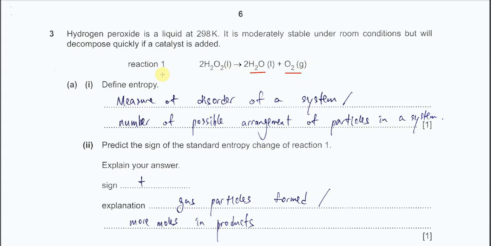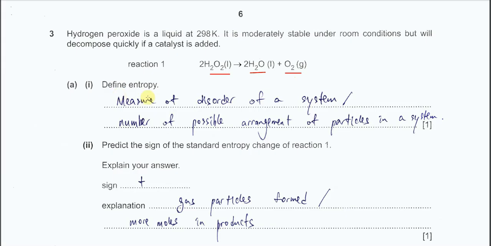For example, in reaction 1, we know that liquid forms liquid and gas particles. When a reaction forms gas particles, we say it produces more random or more disordered particles. The movement is greater, so therefore the entropy is greater.